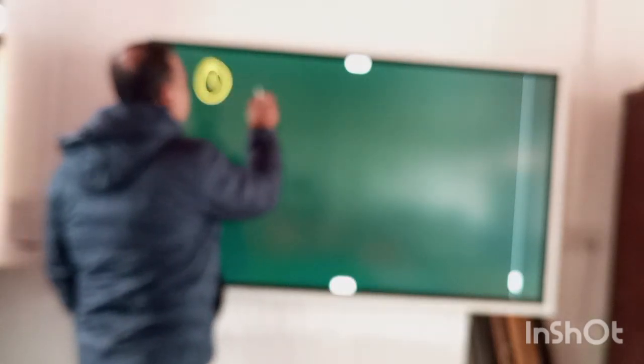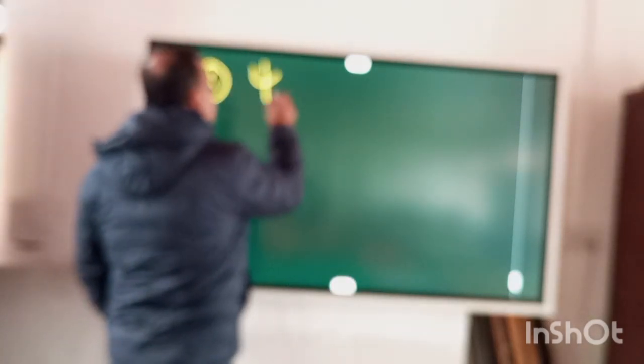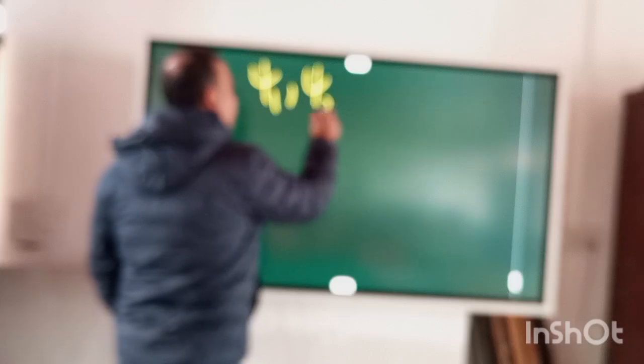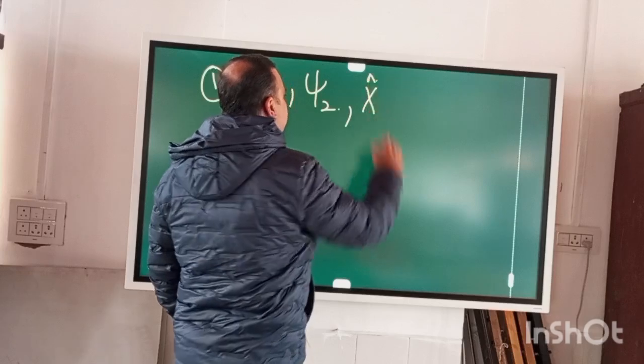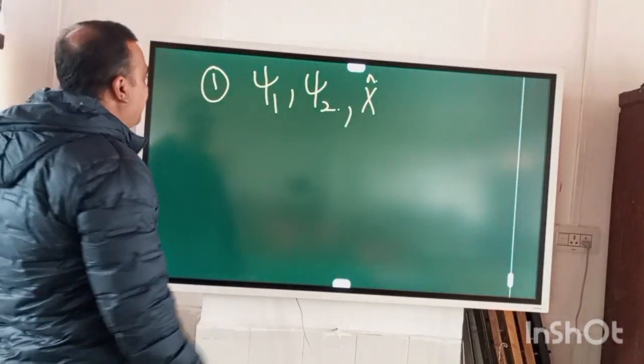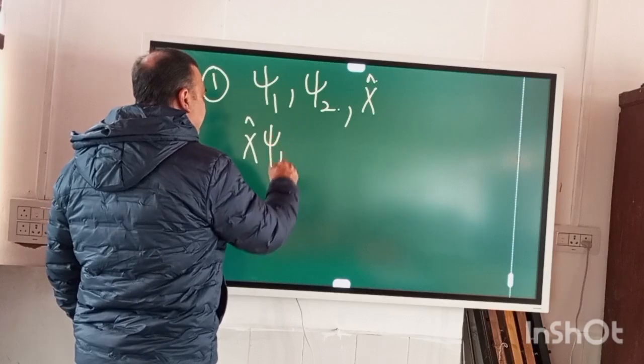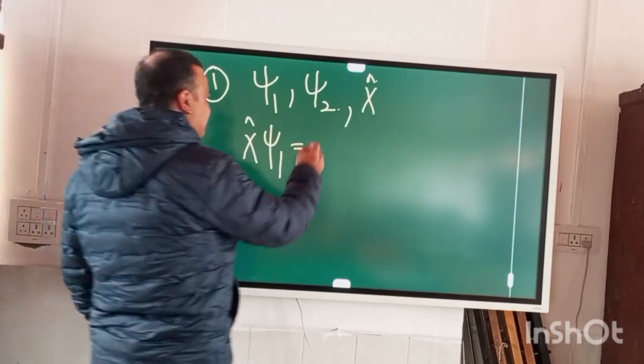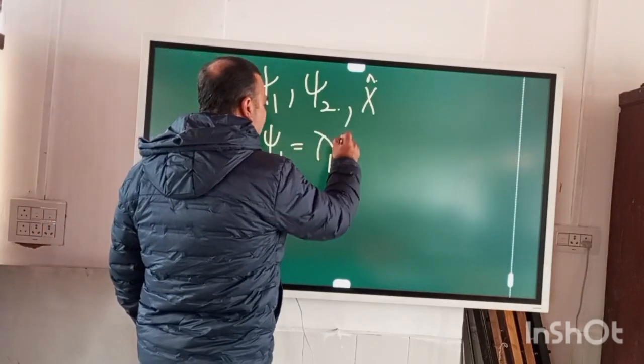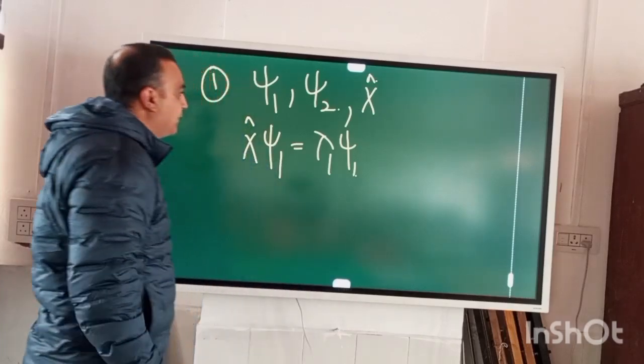To start with, if we have two wave functions, psi1 and psi2, and an operator, say x cap, and if this operator acts on psi1, I get lambda 1 psi1.